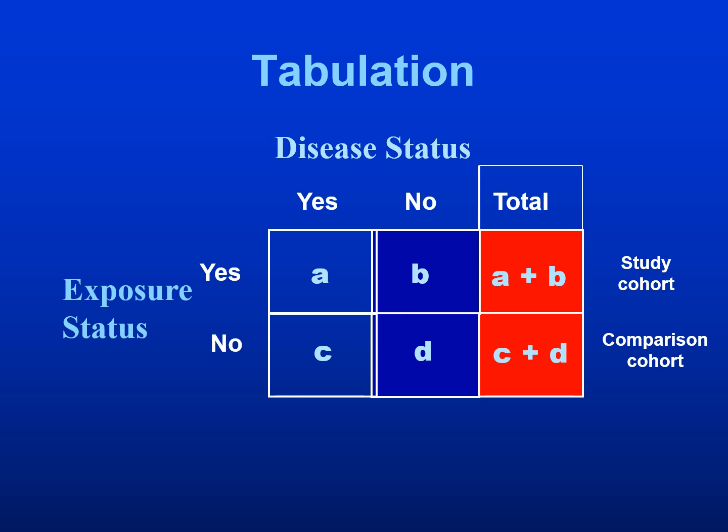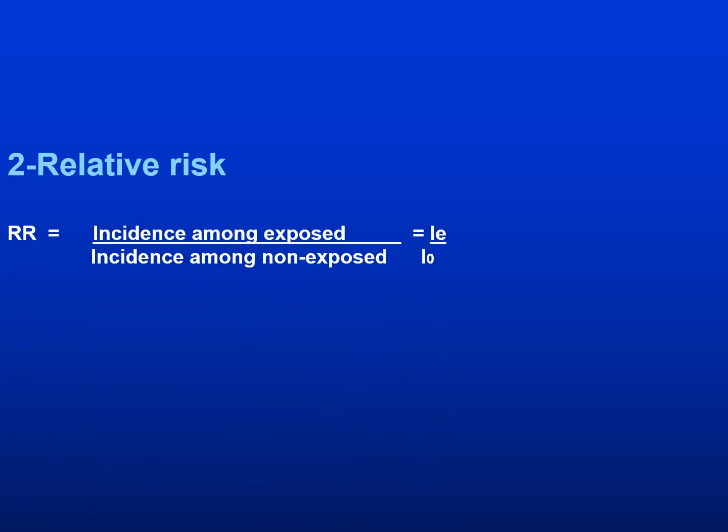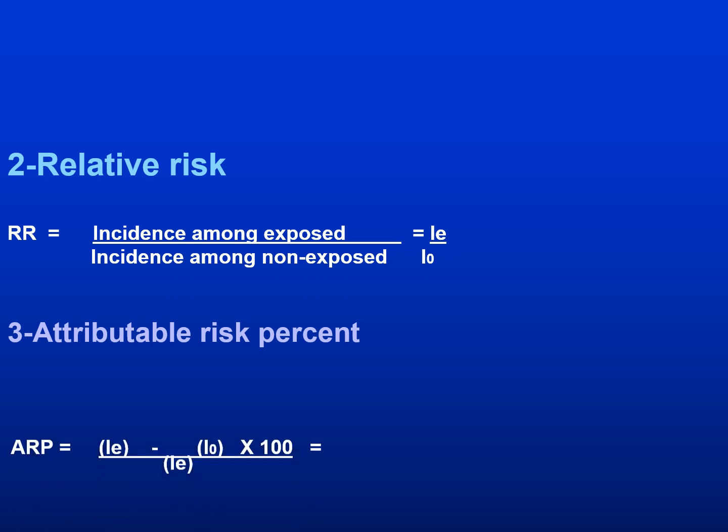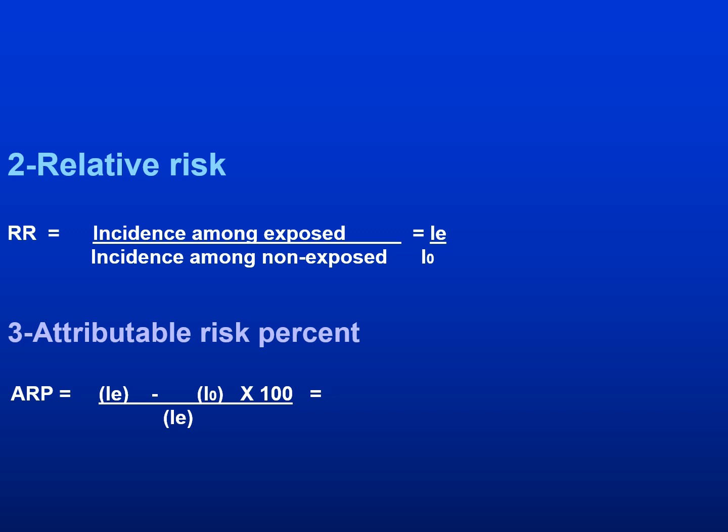Here I will compare the incidence among exposed and the incidence among non-exposed. From a cohort study, we measure the relative risk. The relative risk equals the incidence among exposed divided by the incidence among non-exposed. And the attributable risk percent is equal to the incidence among exposed minus the incidence among non-exposed, divided by the incidence among exposed, and multiplied by 100.